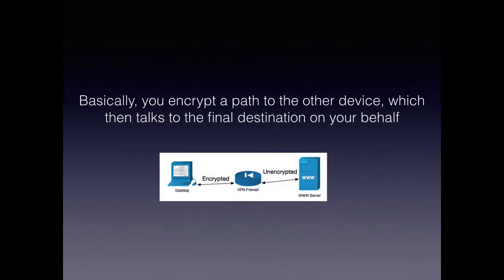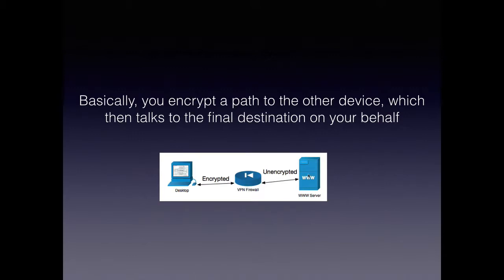Okay, so basically, you're encrypting a path to the other device, which then talks to the final destination on your behalf. So it looks like you're coming from that device. So you have your desktop and the encrypted section, and then you talk to whoever's VPN firewall you're connected to.